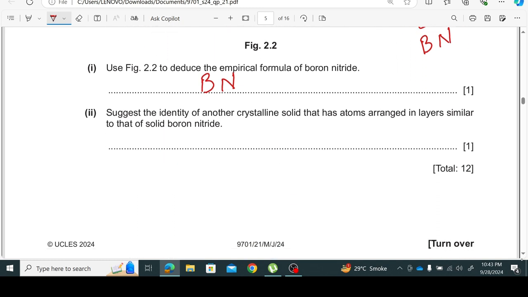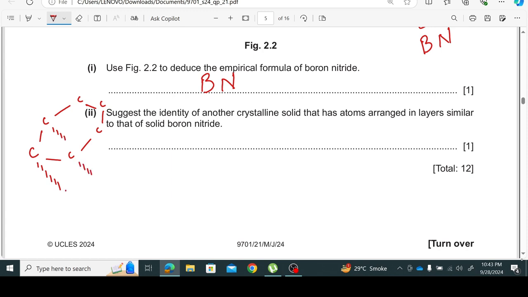Suggest the identity of another crystalline solid that has atoms in rings and layers. That solid is graphite. In graphite, all are carbons like this. It is also a giant covalent structure, and there is a weak bond with another layer.